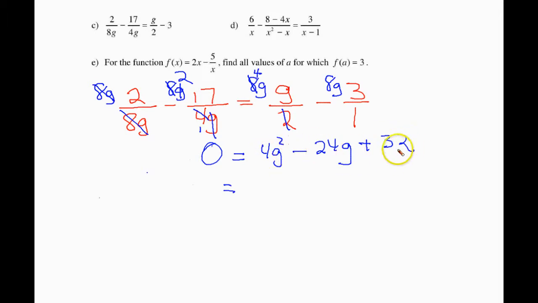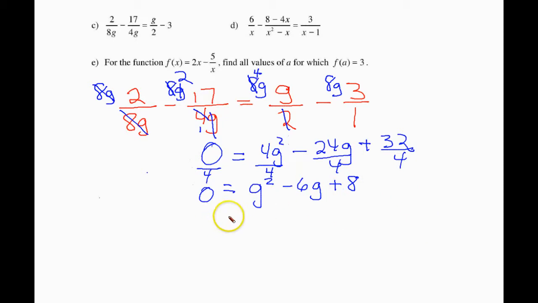And how do we solve quadratic equations? Well, we put it in standard form, equal it to 0. But notice we can take out a common factor here of 4 to make this a little easier. We're also dividing 0 by 4, so this still stays 0. This becomes g squared minus 6g plus 8.